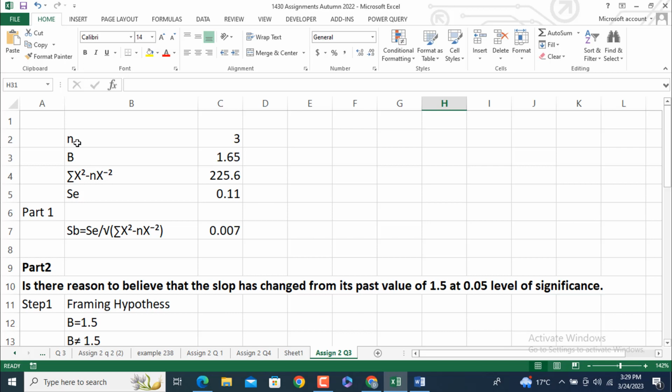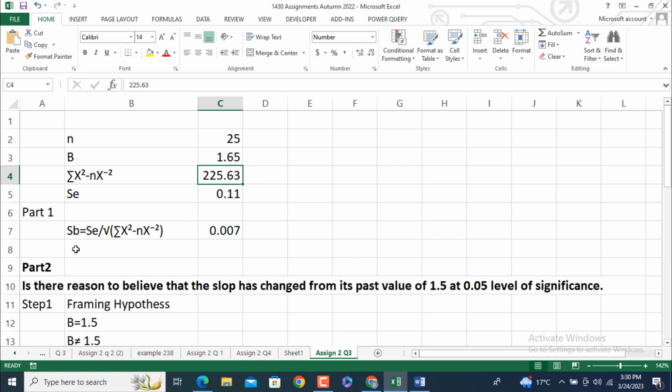So the given information I have collected here: n is equal to 25, b is equal to 1.685, this is given 225.63, and the standard error of estimate SE is given as 0.11.